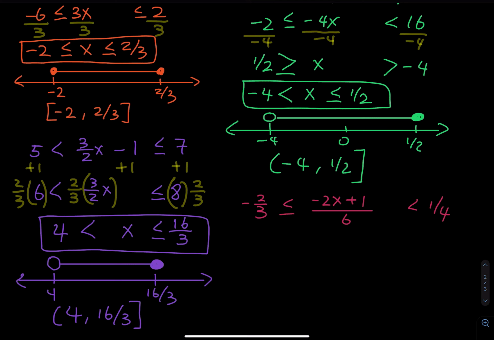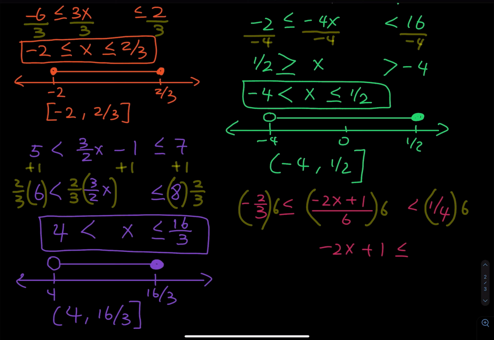Okay. So first of all, let's get rid of the 6 in the denominator by multiplying each side by 6. So the middle, you have -2x + 1 less than or equal to 6 over 4. Oh, you know what?